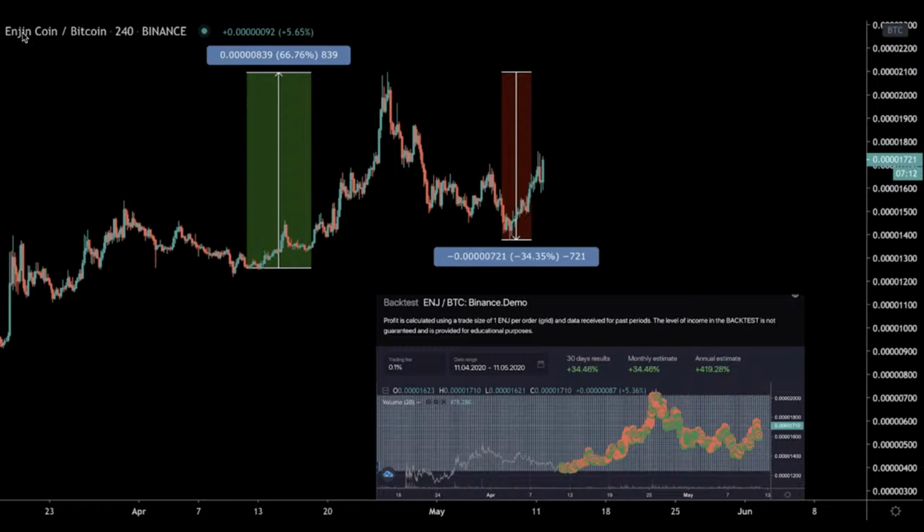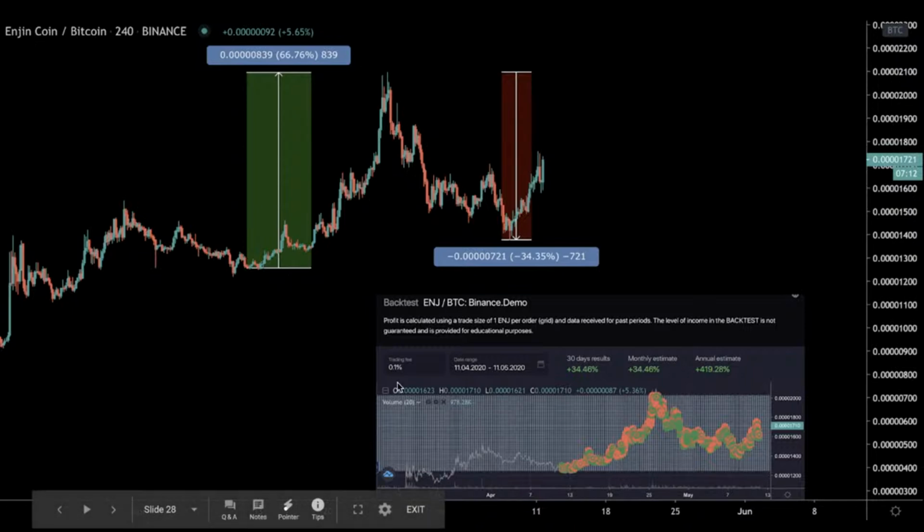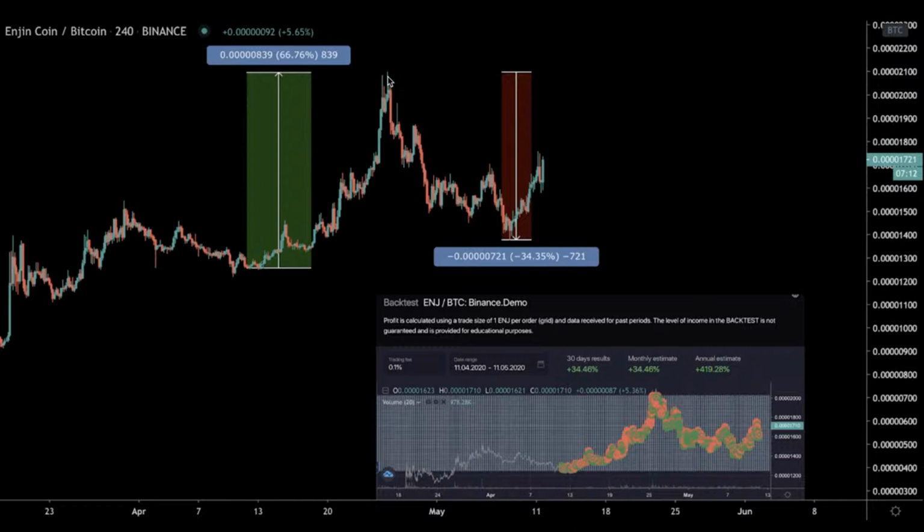Here's the example: NG trading to BTC, starting from the 11th of April, 66% appreciation, and then a consequent drop of only 34%.